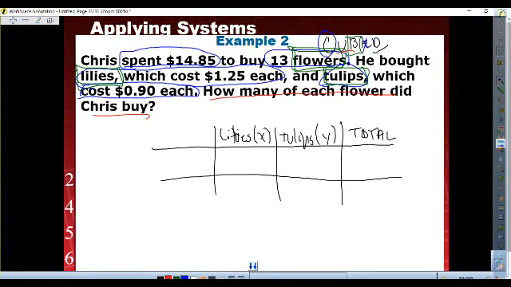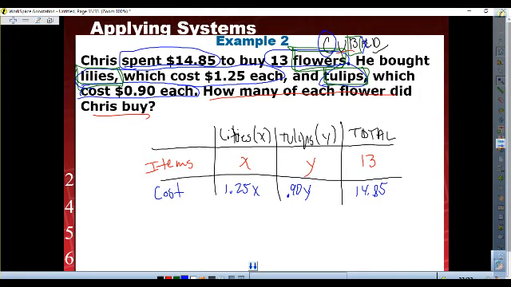I'm going to start with the first row, which is items: x, y, and the total number of flowers, 13. Second row is cost. What is the cost? It's 1.25x and 0.90y, and the total amount being spent is 14.85. Hands up if you got that.